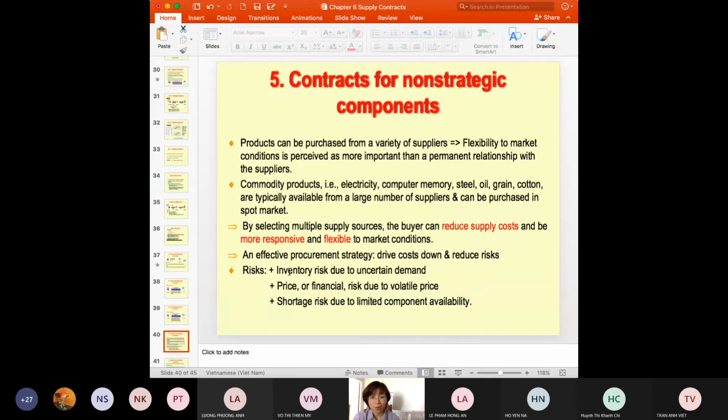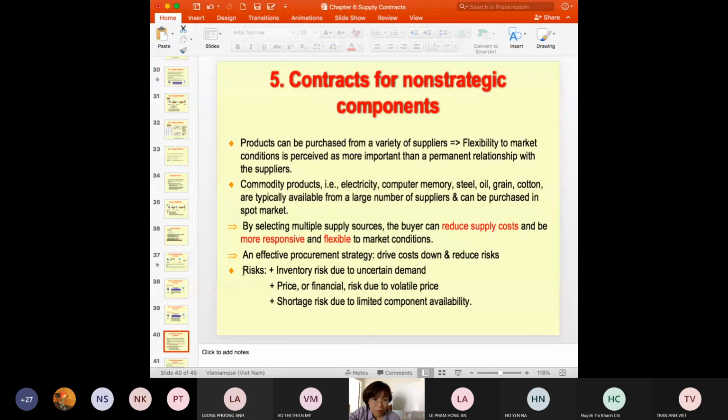It means when we have a permanent relationship with one supplier, if they cannot deliver for you on time, you don't have any other choice. But with multiple supplier resources, you can select depending on your requirement.